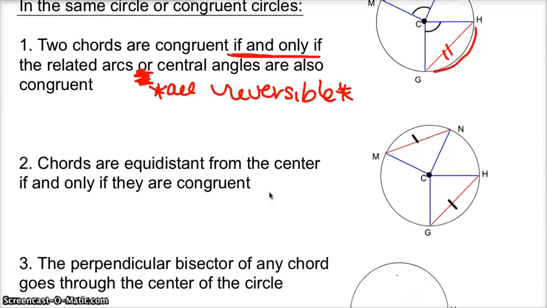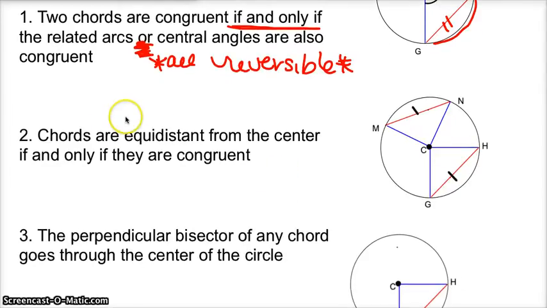Number two, it says chords are equidistant. Equidistant just means that they're an equal distance. Forgot my T in there. Chords are an equal distance from the center if and only if they're congruent. Since these chords are congruent, then the distance from the chord to the center also has to be congruent.